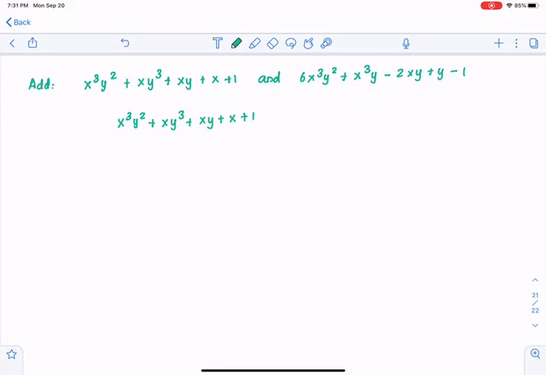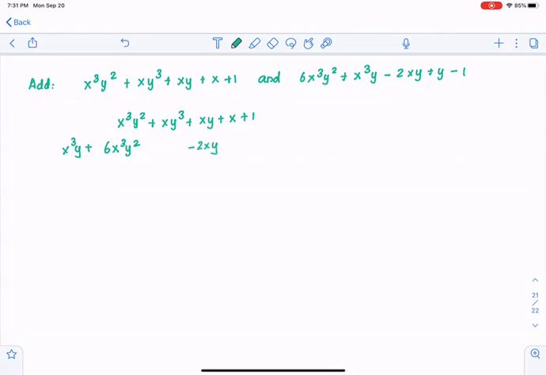I look at the second polynomial, I see 6x cubed y squared. Then I have x cubed y, which is not the same as xy cubed. So I'm just going to throw that on the side here. The next one is minus 2xy, so minus 2xy.